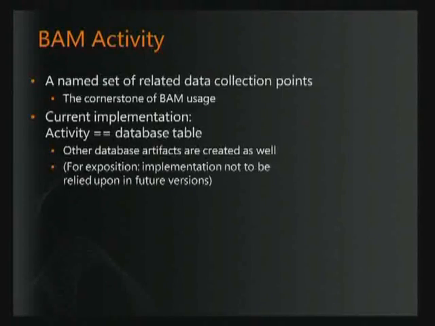Those are the key points of why BAM is, I think, a more powerful, better system to use than, let's say, the Microsoft Application Logging Block, creating your own tables and writing your own SQL code that puts data into those tables. That's why I prefer BAM, because of the potential that the infrastructure gives me in terms of I can change the activities, I can change my mapping from my activities to my physical processes, and I can deploy this all globally and without having to restart any particular piece of my infrastructure.